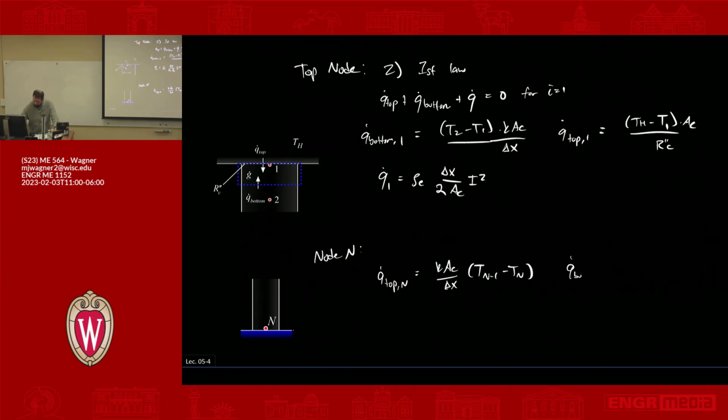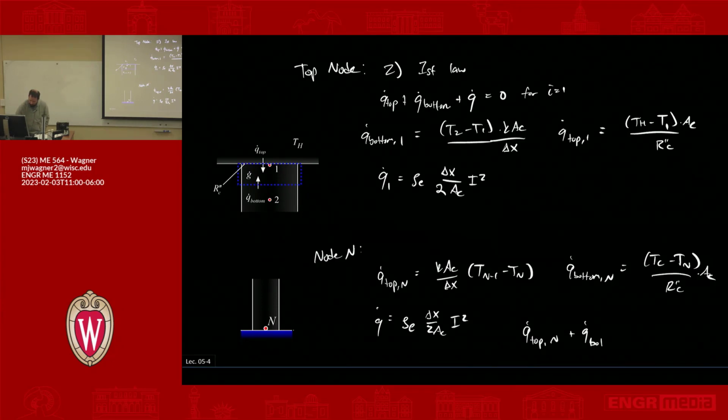Q dot bottom n is, we know Tc, so Tc minus Tn over R double prime C times AC. And then G dot is the same thing as the one above, which is rho E delta X over 2 AC I squared. And it's true here as well that q dot top n plus q dot bottom n plus g dot n equals 0.